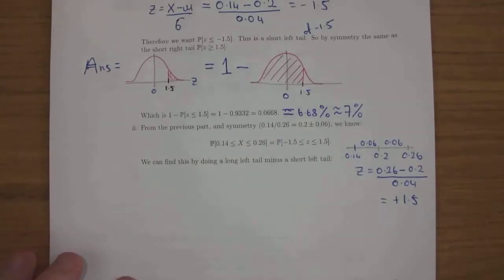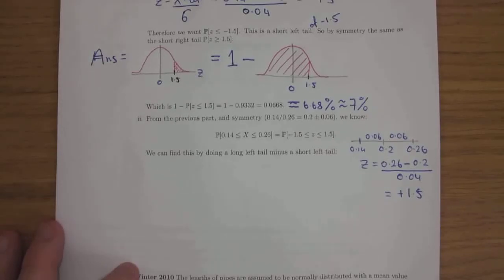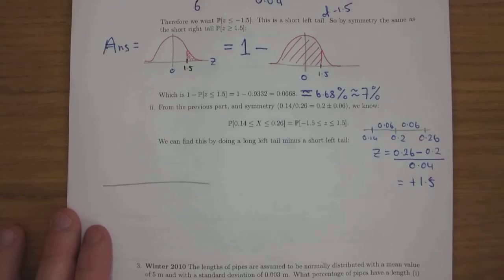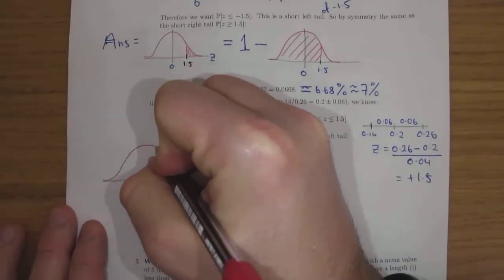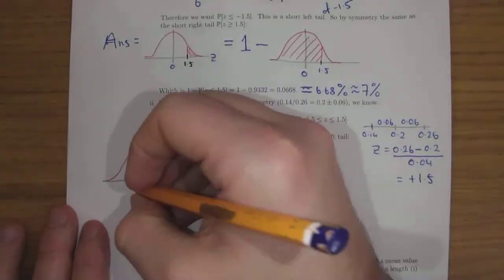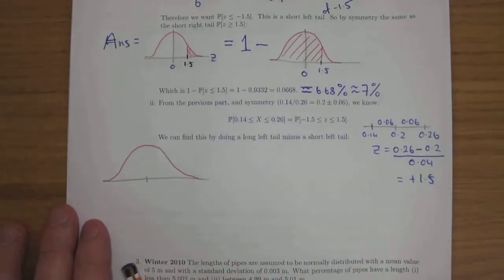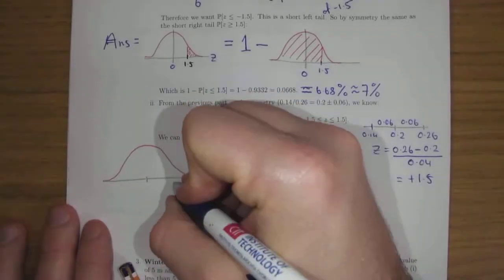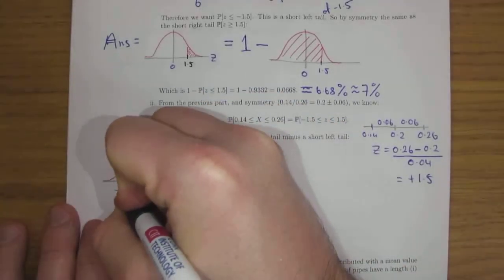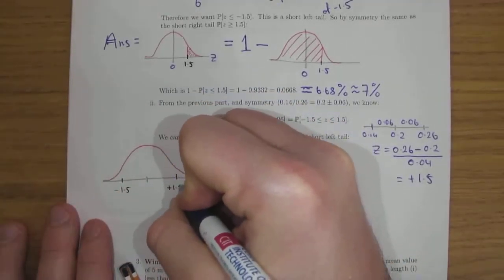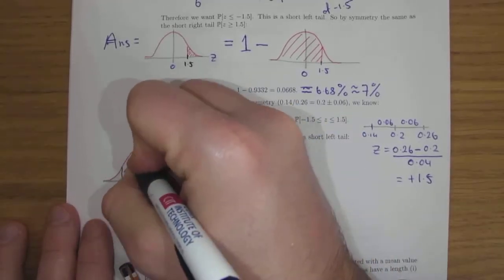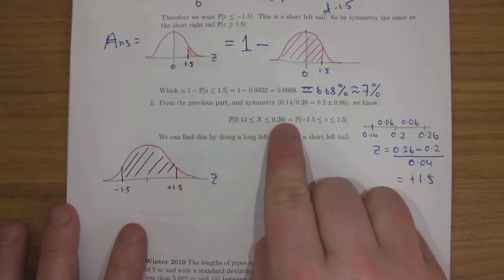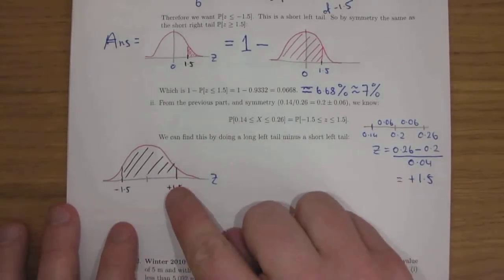And now I'm a little short on time, so I'll do it the obvious way, and then we'll look at a possible shortcut. I'm not drawing the x picture here, I'm just drawing the z picture, because I know from symmetry we're just looking at between minus 1.5 and plus 1.5. If you transform both of those, that transforms to that and that transforms to that.